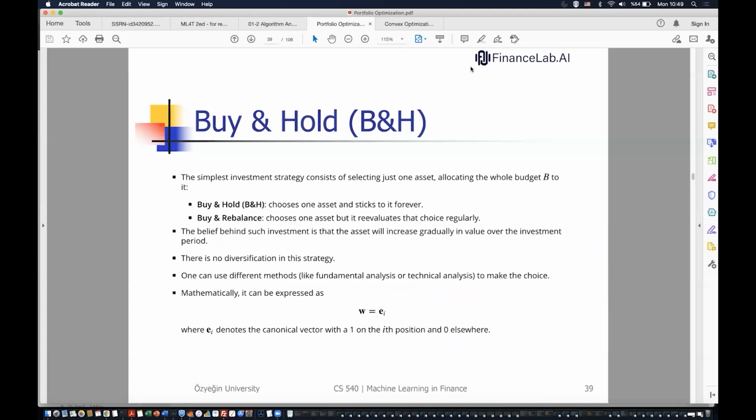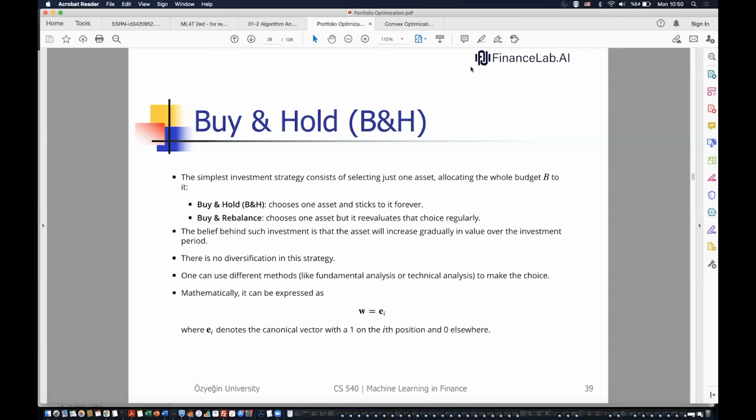Buy and hold and buy and rebalance are basically similar portfolios. They basically select just one asset. But in buy and rebalance, we choose one asset, but we reevaluate the choice of the asset regularly.